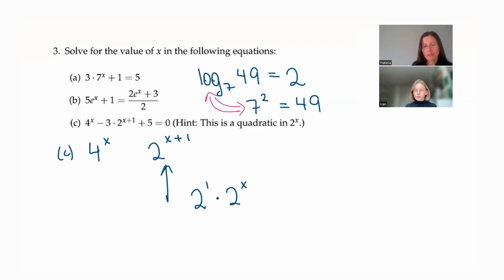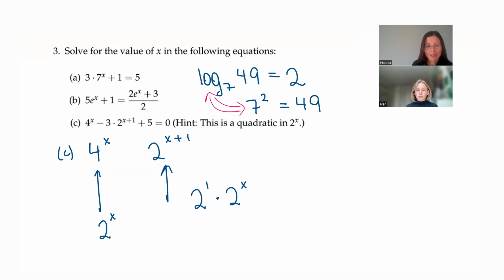When we multiply with the same base, we add the exponents. How do we turn 4 to the x into something related to 2 to the power of x? It's 2 to the power of x times 2 to the power of x. That's right. Or we can say 2 to the power of x, squared.